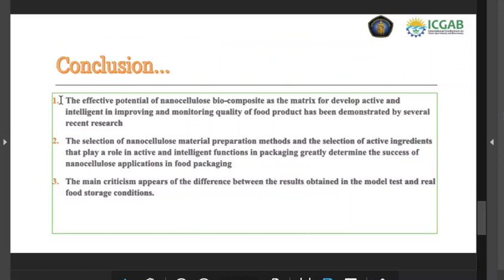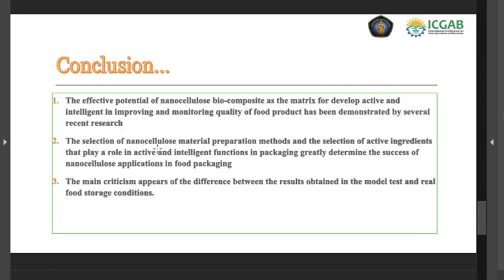To conclude this review, the first conclusion is that the effective potential of nanocellulose biocomposite as the matrix for developing active and intelligent packaging, in improving and monitoring quality of food product, has been demonstrated by several recent research.